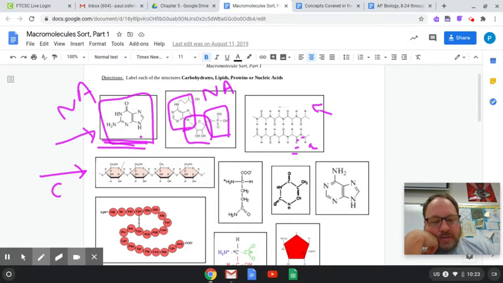Speaking of chains, let's look at this sort of red chain that we see here. It has things like glycine, isoleucine, valine, cysteine, glutamic acid. Those are all individual amino acids. And if we look on the end, here's an amino group. On the other end is a carboxyl group.